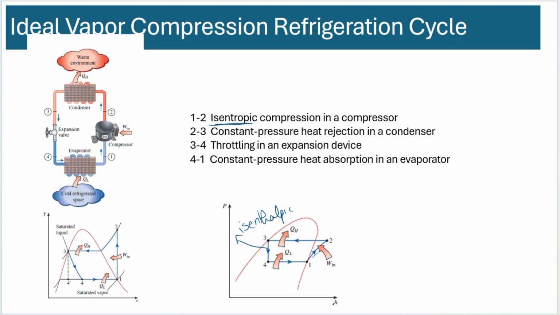Okay, and you can see this is the first time we started using a pressure-enthalpy diagram. The heat rejection and addition processes are isobaric. Okay, constant pressure, constant pressure. So there are three types of processes: isobaric, isentropic, and isenthalpic.